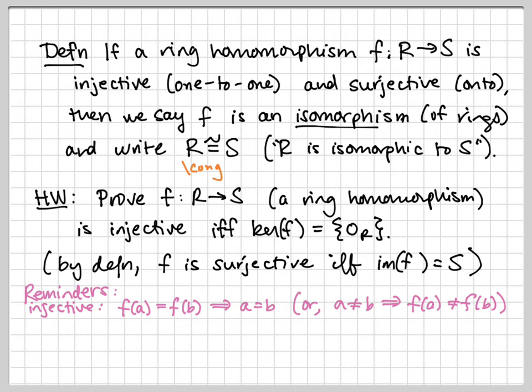Or if you get different outputs, you must have had different inputs. So it's the converse of being a function. And surjective says, given a target in the codomain, so for all z in S, there's some element a in R where you can plug a into your function F and get to z.